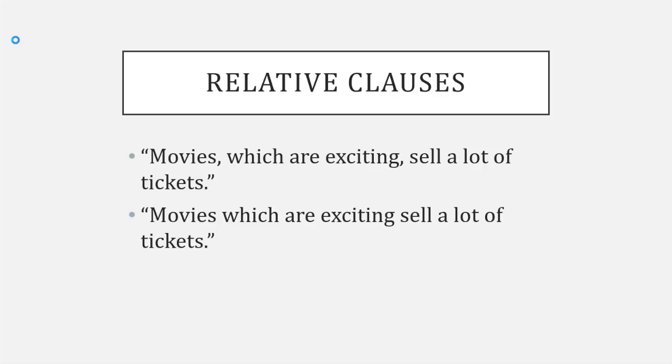It's not restricting it to just exciting movies. It's saying movies are exciting and movies sell a lot of tickets. Versus those things which both satisfy the predicate movie and satisfy the predicate exciting have this property of selling a lot of tickets. Okay with that? Okay.